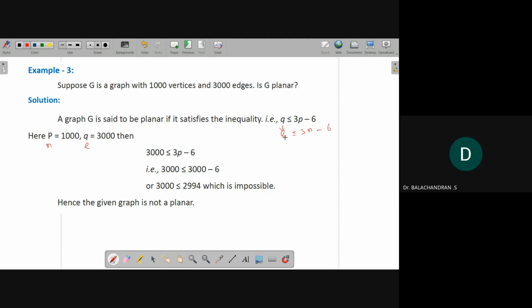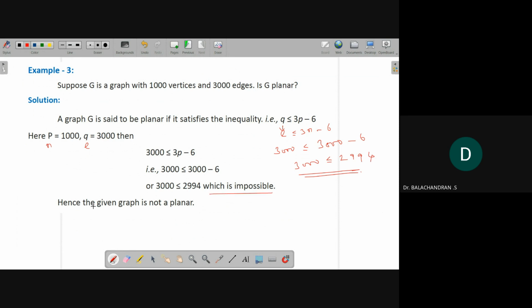If I substitute in this inequality, 3,000 is less than or equal to 3 into 1,000 minus 6, which is 2,994. So 3,000 less than or equal to 2,994 is impossible. Which is a contradiction.